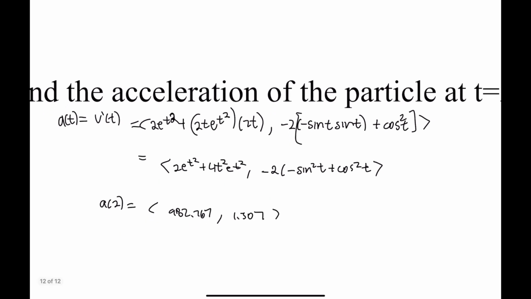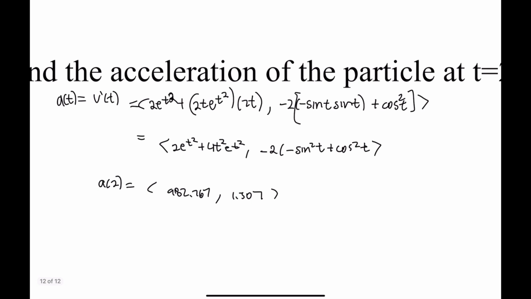Okay, and then since we need to find the acceleration, not the acceleration vector, we're going to square the first one, well, a of x and then a of y.